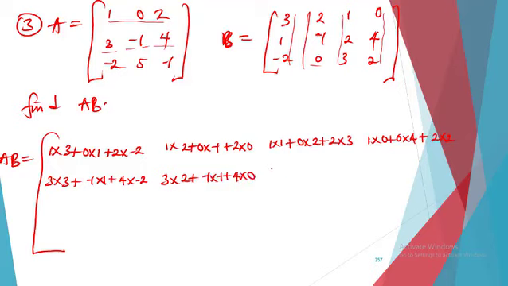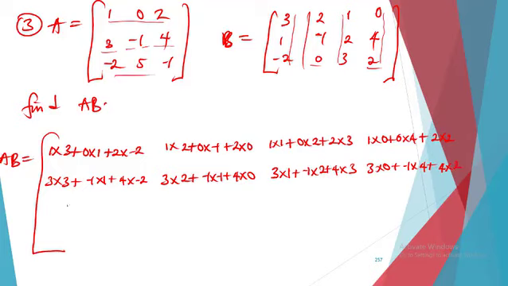Then we have here to be 1. We have here to be 3 times 1 plus minus 1 times 2 plus 4 times 3. Okay, then the last, we have 3 times 0 plus minus 1 times 4 plus 4 times 2.